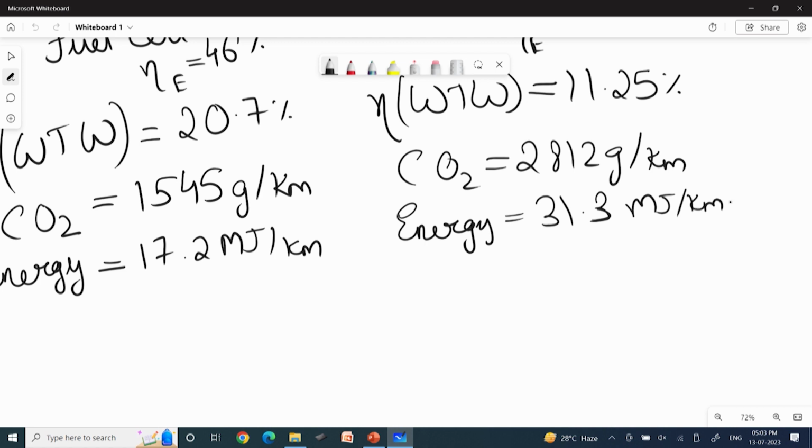So, depending upon the pathway that we assume, there could be huge differences. Even if the hydrogen is produced from a source that is a fossil fuel, there could be significant CO2 emissions reduction. So, that is again a pathway that is being proposed in the future.